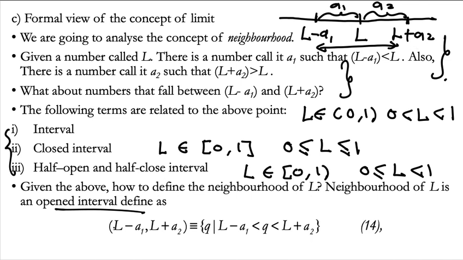And it doesn't include L minus A1 and L plus A2. And remember, L here is actually the value of Q. So the neighborhood of L, which is between L minus A1 and L plus A2, is also identified with the set of Q such that Q is between L minus A1 and L plus A2, but it doesn't include L minus A1 and L plus A2. This is an open interval.